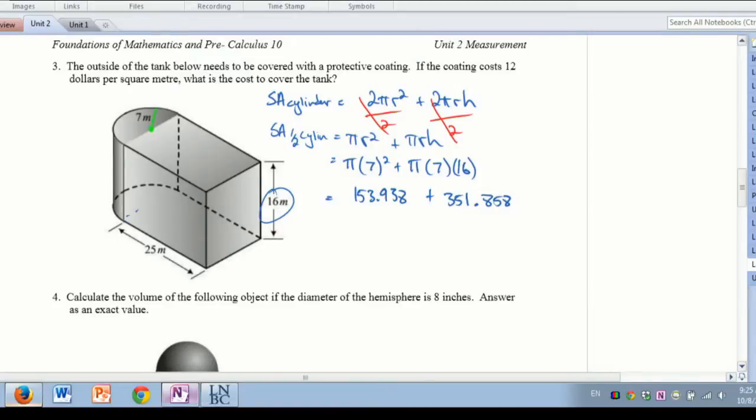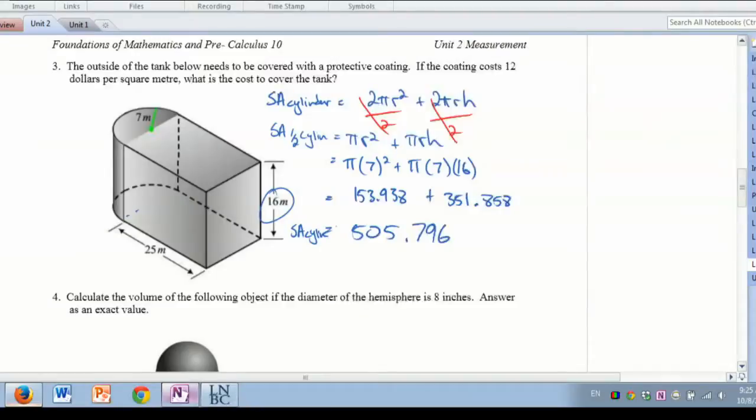So I'm going to add those things together, making sure to keep a couple decimal places. 505.796. So that is my half a cylinder. So that's the first part.